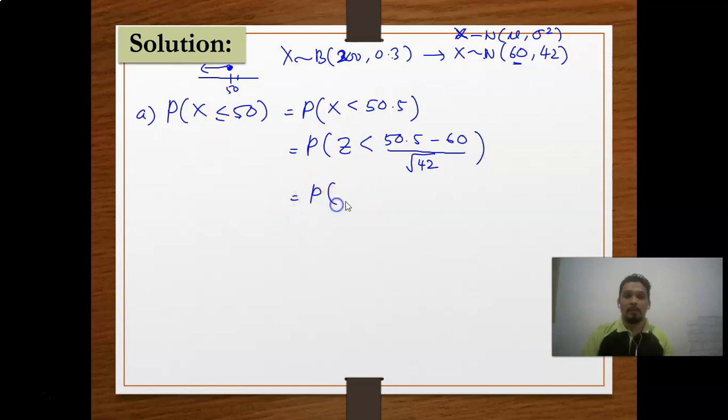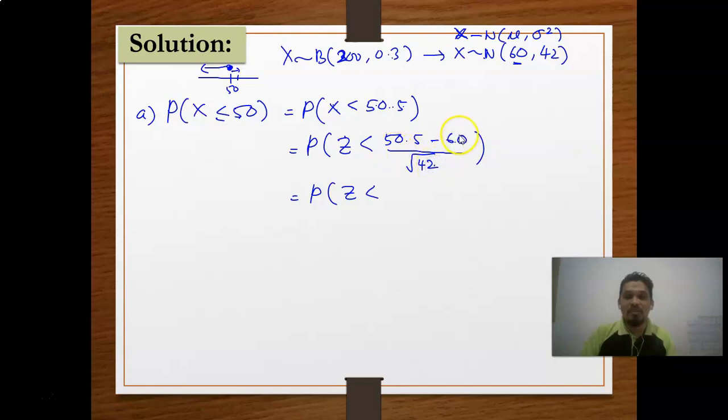First, we take a step of continuity correction. From x less than or equal to 50, it becomes including 50, so we take an extra step of plus 0.5, so x less than 50.5. The second step is to use the formula to go from binomial x to the standard normal distribution: x minus mean, divided by standard deviation.